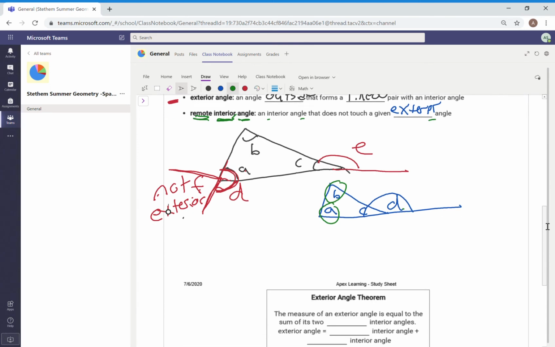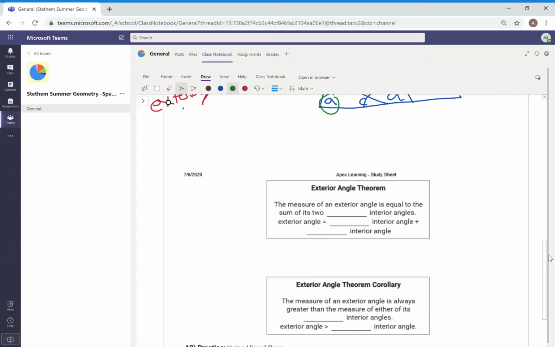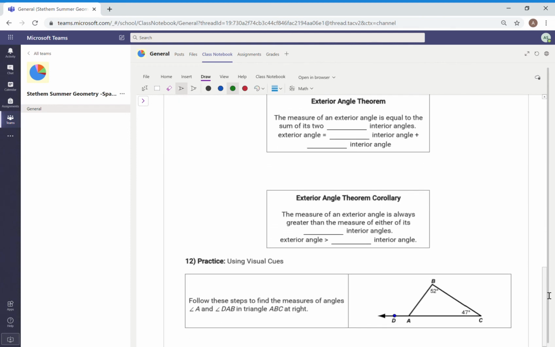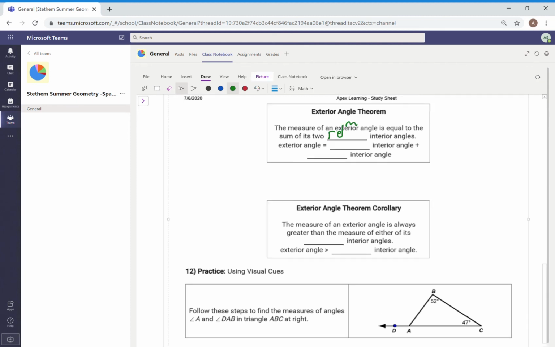Okay? And there's a couple theorems that come along with these. I'll read them to you, but then I'll show you an example, and it's pretty easy. The exterior angle theorem states, the measure of an exterior angle is equal to the sum of its two remote interior angles.